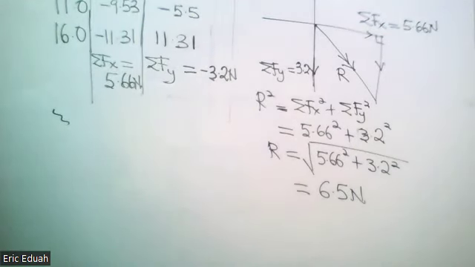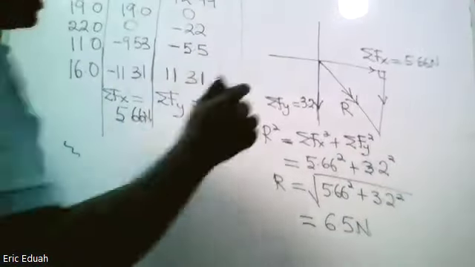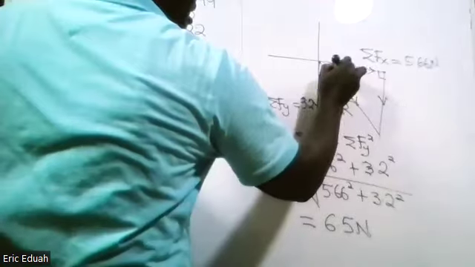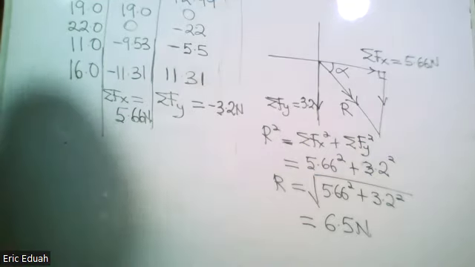Then the direction of the resultant. Let's determine this unknown angle. So help me determine alpha.